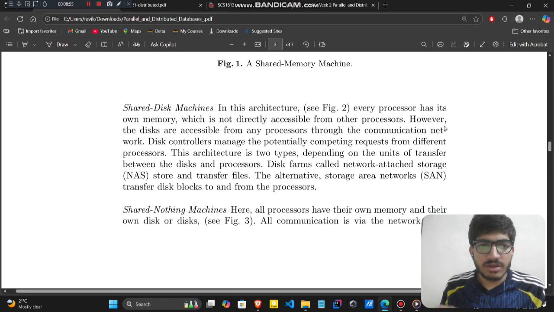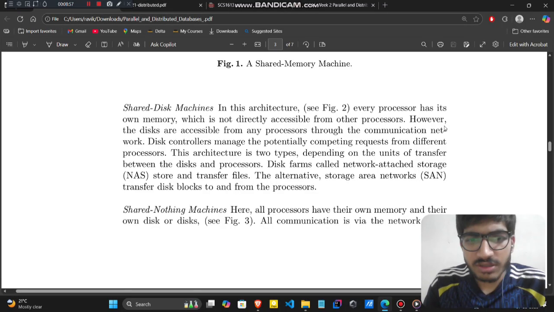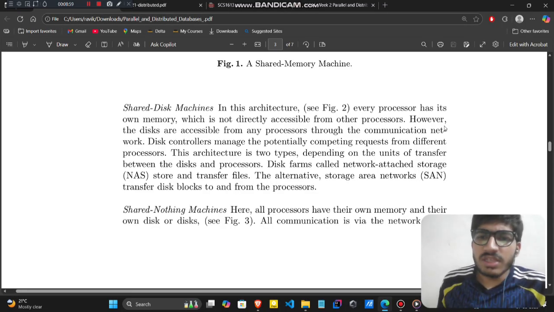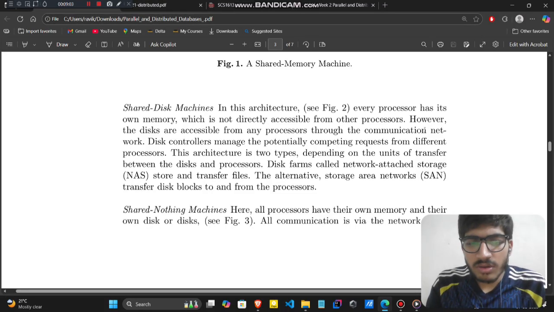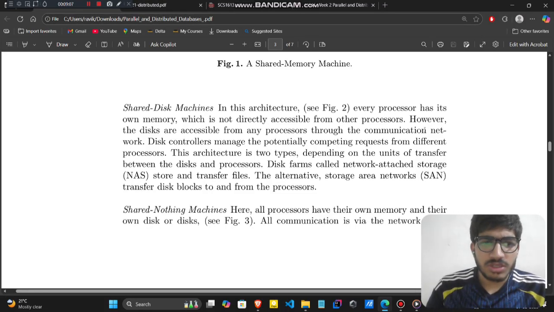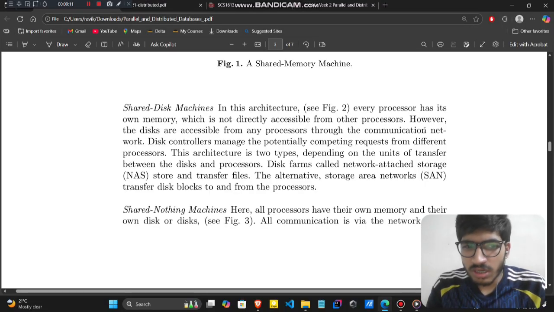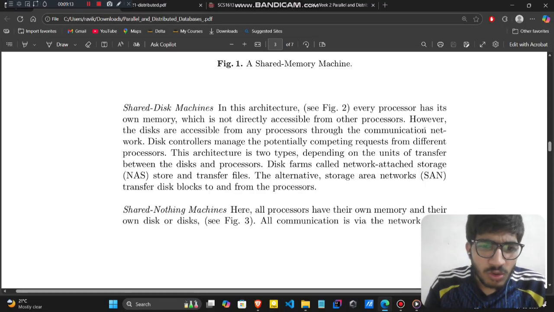Then the shared disk architecture. In this architecture, every processor has its own memory, which is not directly accessible from other processors. However, the disks are accessible from any processor through the communication network. Disk controllers manage the potentially competing requests from different processors.